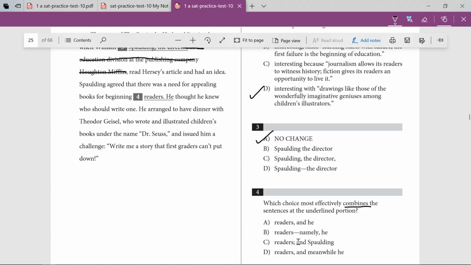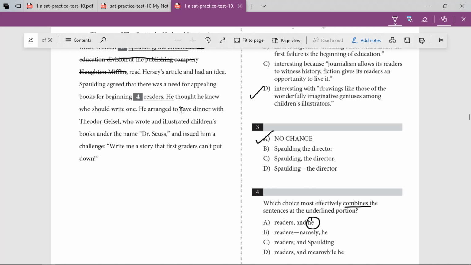Need for appealing books for beginning readers. And Spotling thought he knew. There's no need of repeating the subject. The sentence is not that long that I need to repeat it. And he thought makes sense. So he is the pronoun which is referring to just one person being spoken of here, which is Spotling.